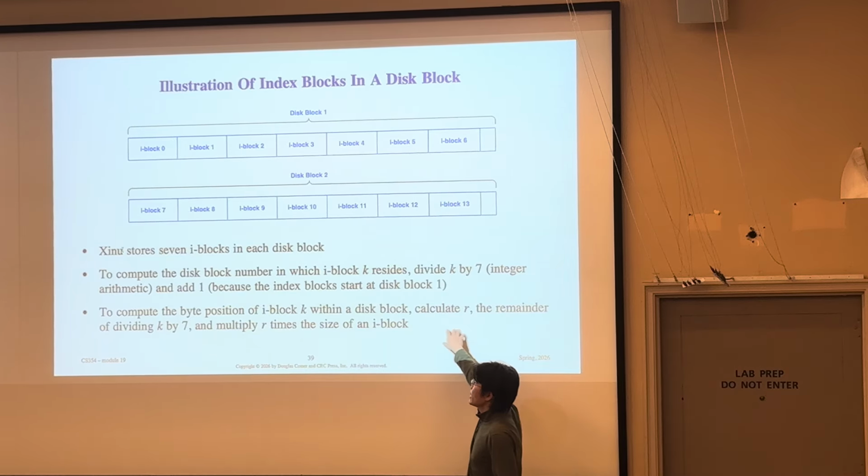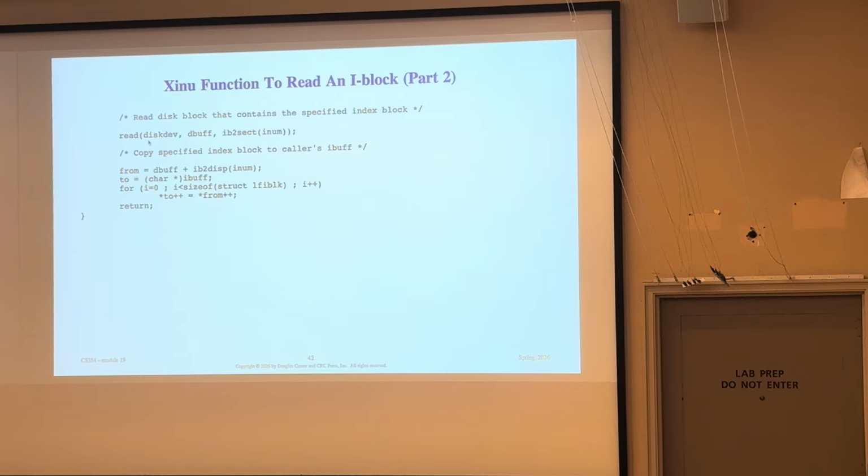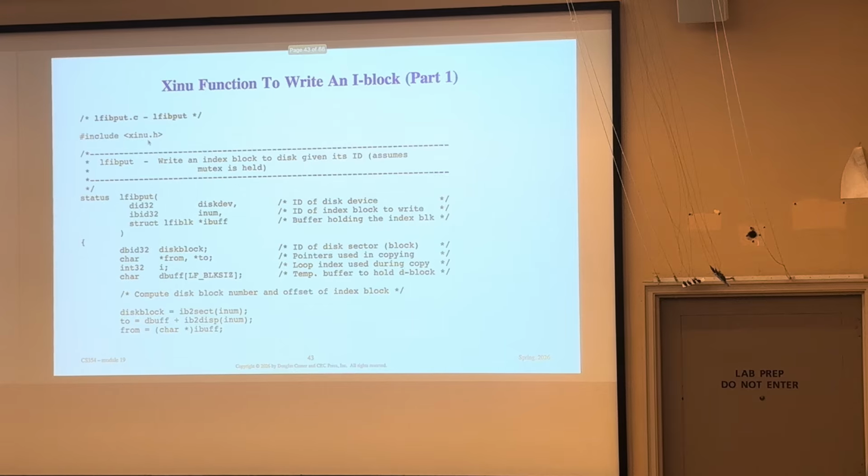This is how to read an index block: find this index block on disk and load it from disk into memory, right? You can read this function in detail after the class. And this is how to write an index block back to disk.